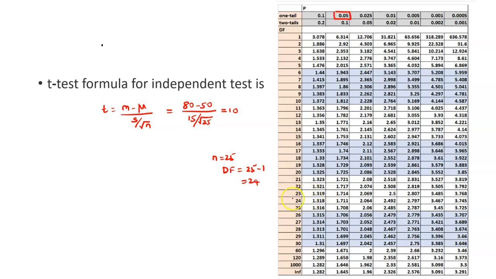Where is 24 here? 24 is here. So what is the value from this table? It is 1.711. Since 10 is greater than 1.711, we reject H naught, okay? Which means HA is accepted, which means the new product introduction has indeed improved the sales. Okay, you understand it?